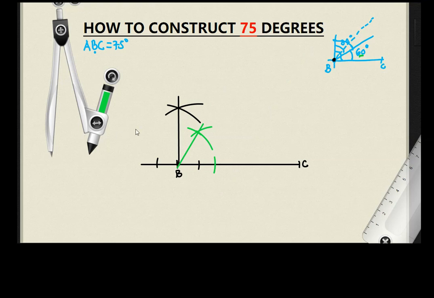Now that we have 60 here, these 60 degrees, we need 15 to make it 75, and the whole of this angle is 30 degrees. So what we need to do is to bisect that angle at that point.